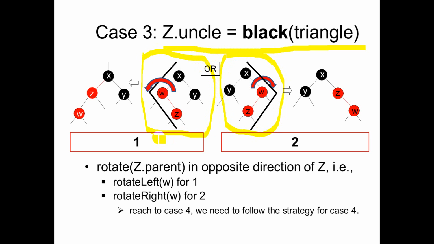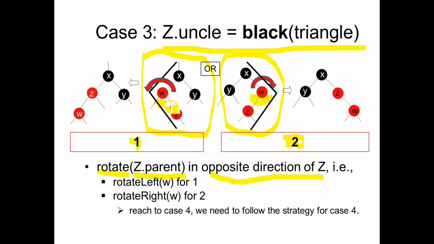Let me look at the first one. What it is saying is: rotate Z's parent. The parent is W, and here is also W. We can do both scenarios together, in the opposite direction of Z.